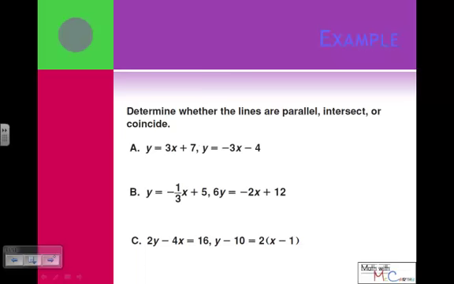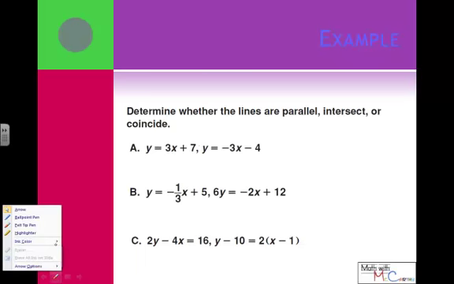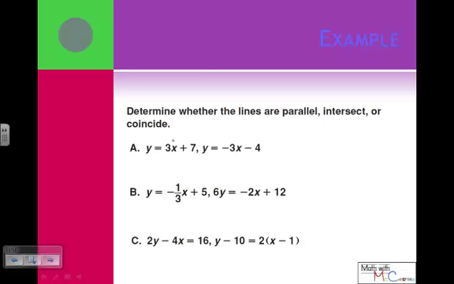So here is our last slide. We're going to take a look at whether or not these lines are parallel, intersecting, or coinciding. I look here, and this has a slope of 3, and this one has a slope of negative 3. Because they have different slopes, these lines are intersecting lines.